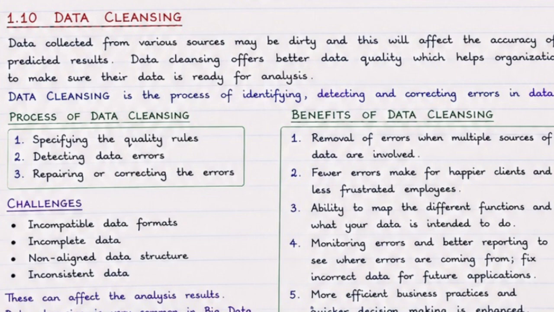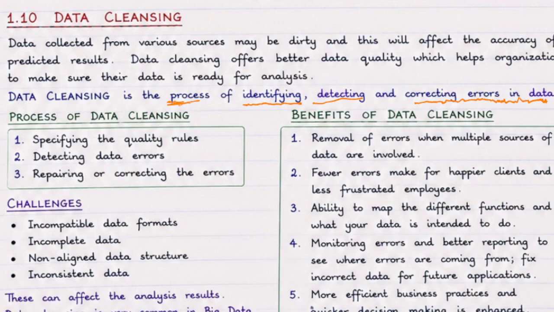Data cleansing is a process of identifying, detecting and correcting errors in data. It's as simple as that. Correcting must be there, but you cannot correct if you don't identify and detect. So that's why identifying, detecting and correcting errors in data is what data cleansing is all about.